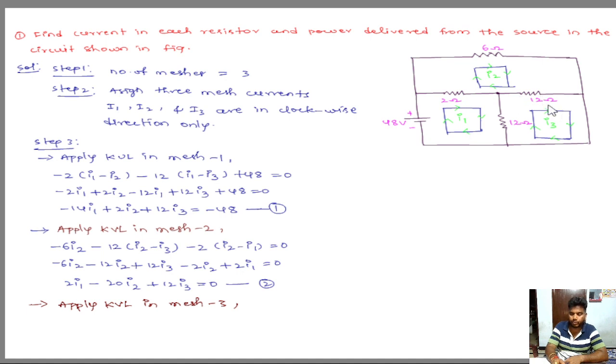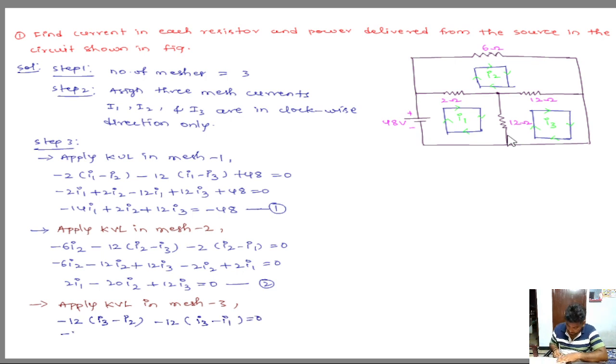We are starting from this 12 ohm resistor. Resistor means minus 12, and the currents are I3 minus I2. Coming to the other 12 ohm resistor, minus 12, it is I3 minus I1 is equal to 0.